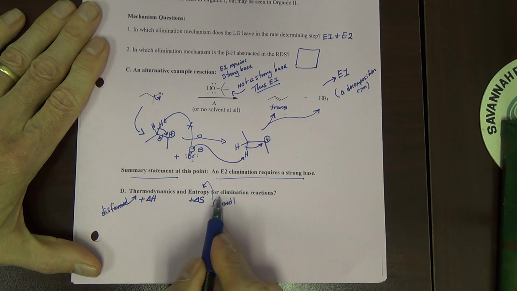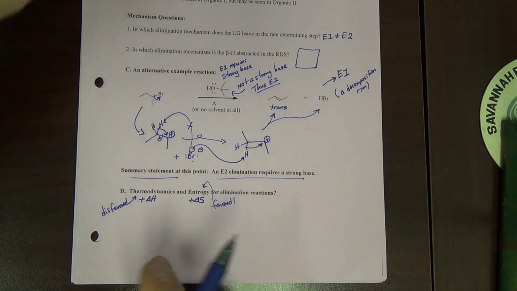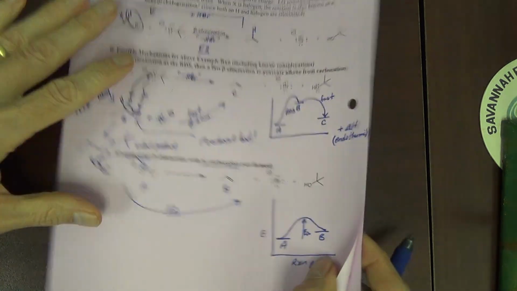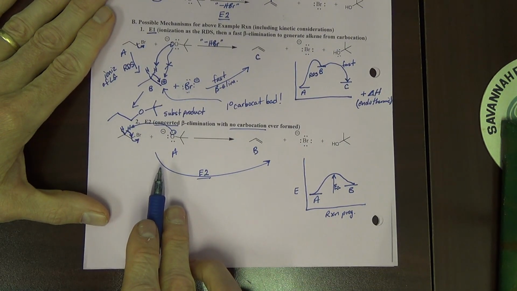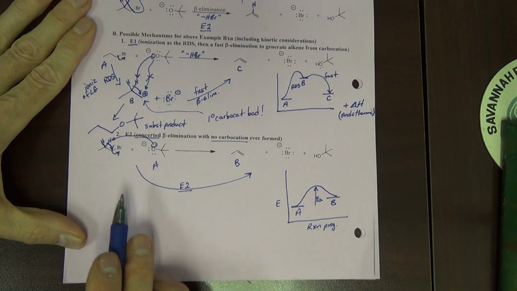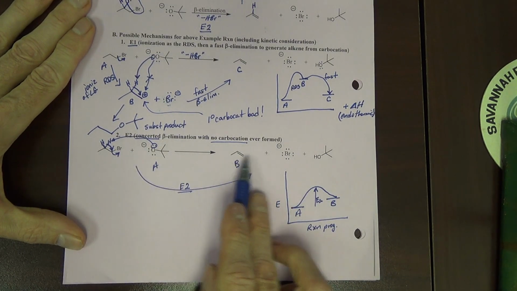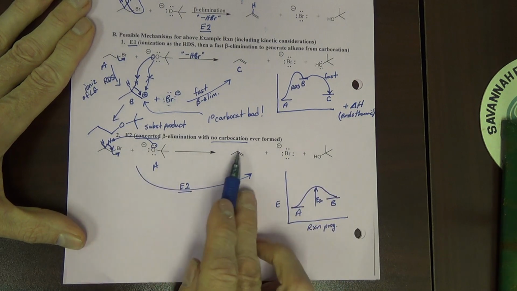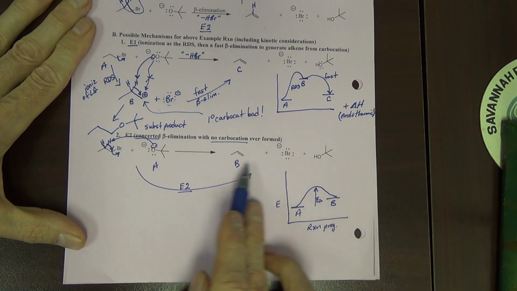And that's what sort of drives them, is the entropy. If we go back over here, if you include all reactants, you see that two reactants became three. And so you see we have an increase in randomness, we have a positive entropy.